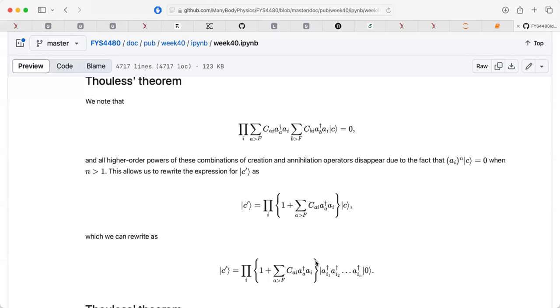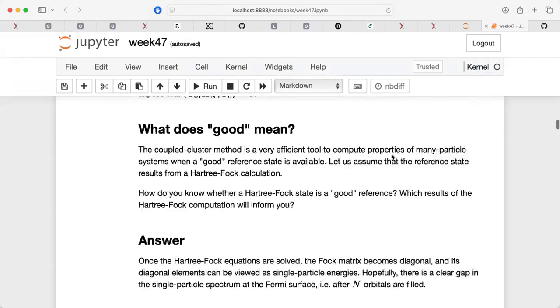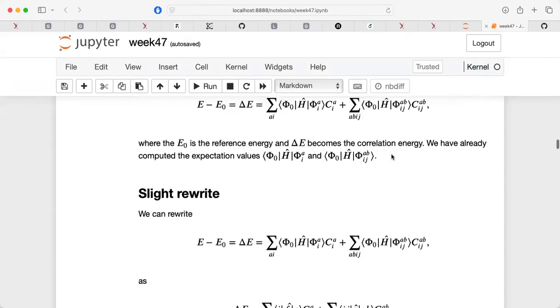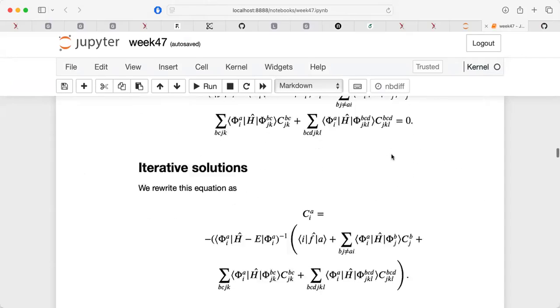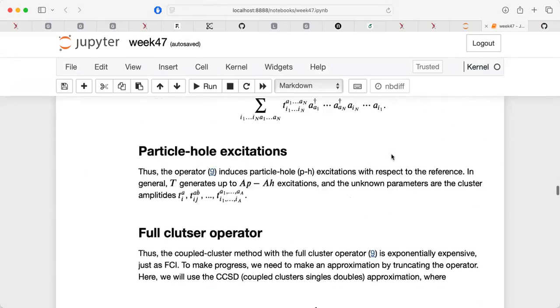The final expression which you saw here can actually be rewritten in a more compact way. If we scroll down, you will find in the notes many more of these details which we have been discussing.